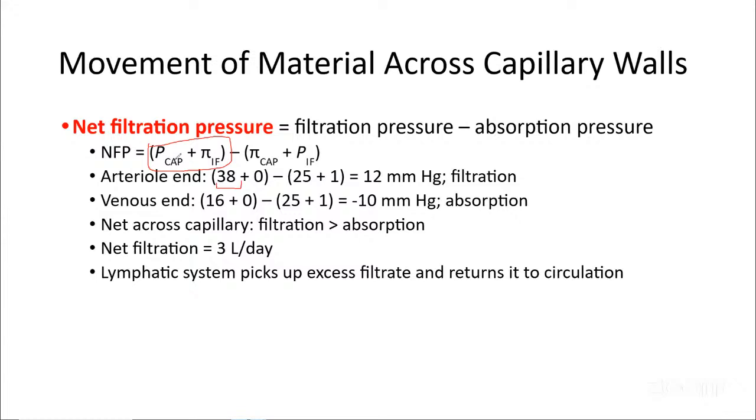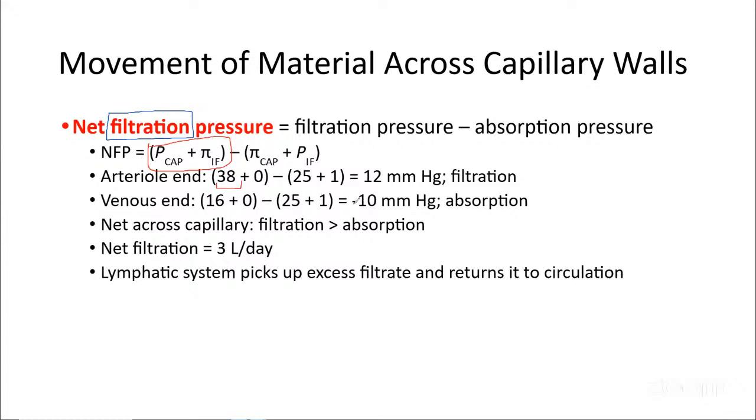So we're going to see a drop. And in fact, we're going to see it in total flip, right? So your net filtration pressure calculation, I'm going to point out, it's a pressure for filtration. You are calculating the force for filtration when you do this. That's why the filtration pressures come first.